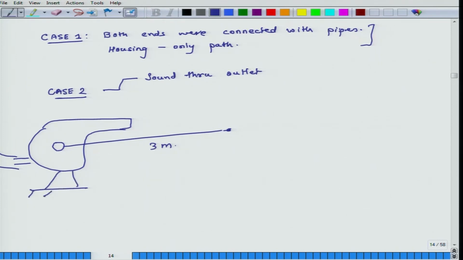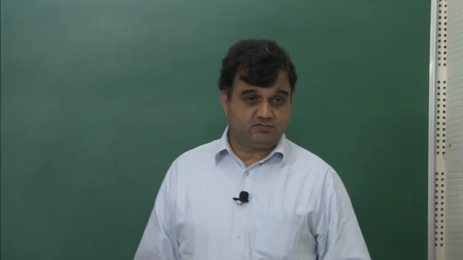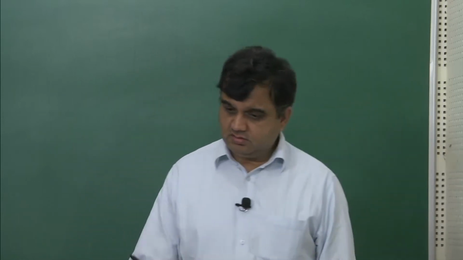Sound is coming through the outlet, and it is also coming through the housing. Then you find out LP at 3 meters away. This is what we have to find out.